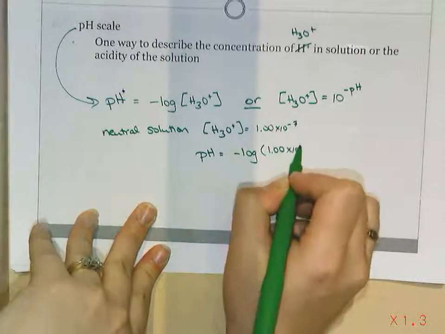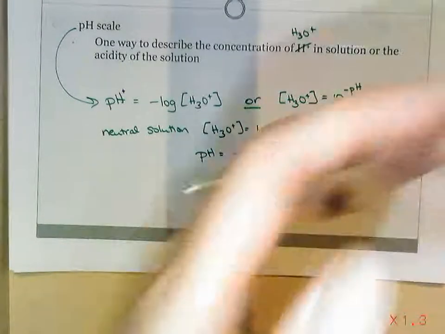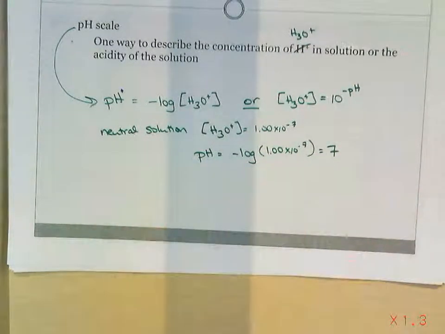If you have your calculator out, you can go ahead and plug it in and prove it to yourself. Negative log of 1 times 10 to the negative 7th is 7. All right, so that's good.